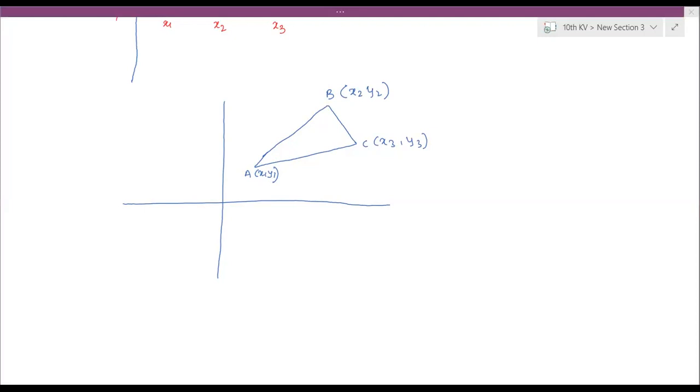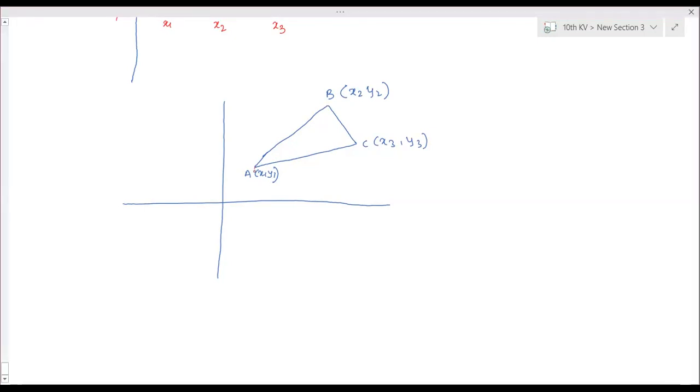Then perpendiculars on the x and y axis. This is x1, x2, x3, y1, y3, and this is y2. Okay.